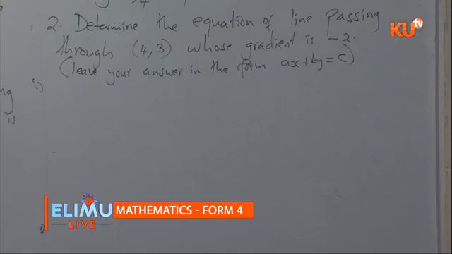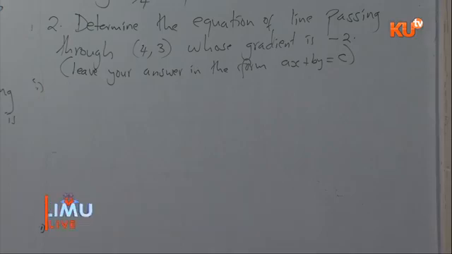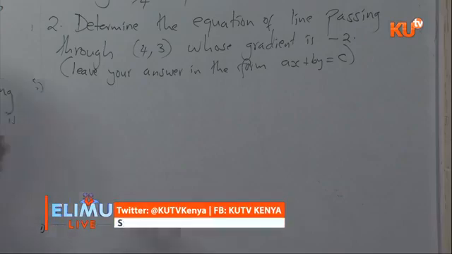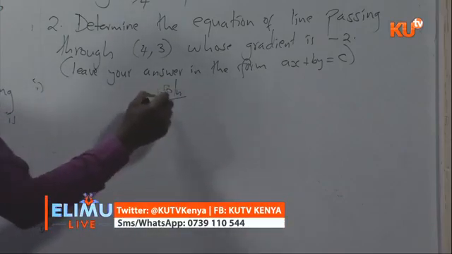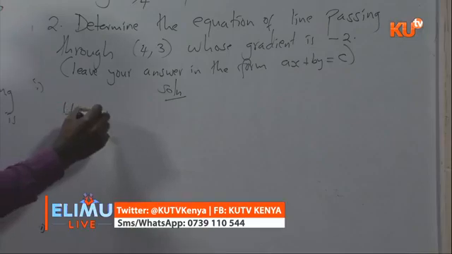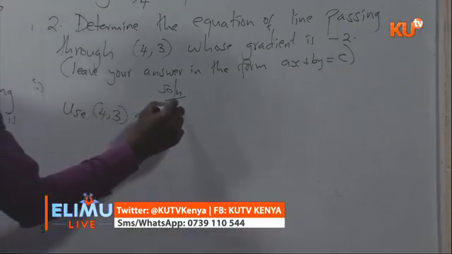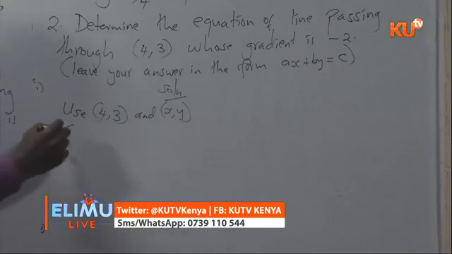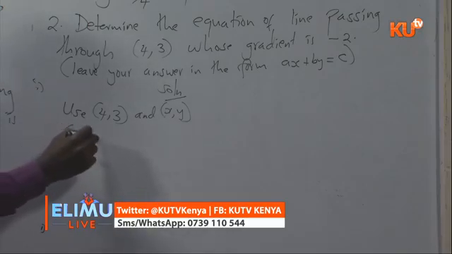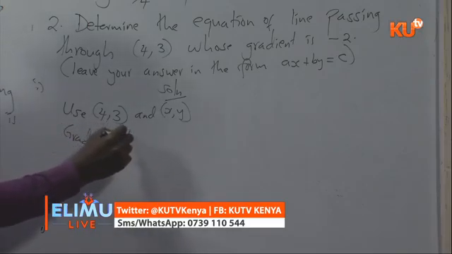The procedure is still the same. Use the given point 4, 3 and the general point xy. So you'll have this case solution. We use 4, 3 and x, y. With this, gradient will be equal to change in y over change in x.